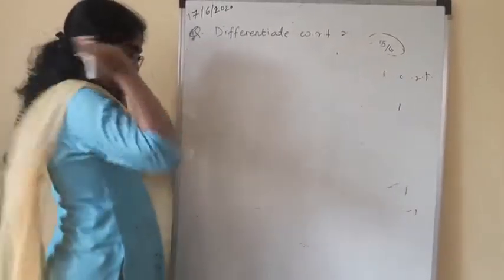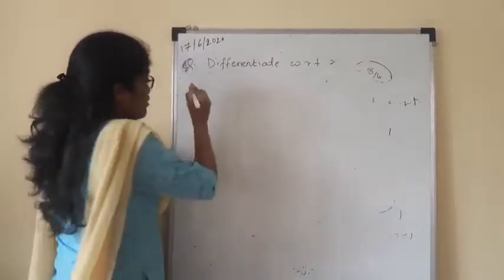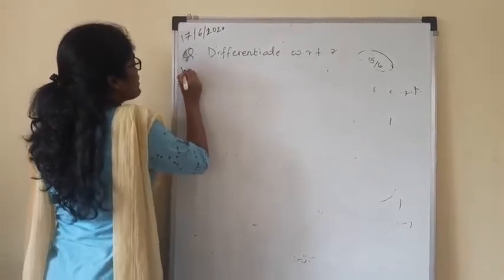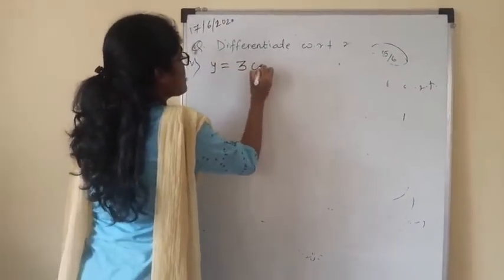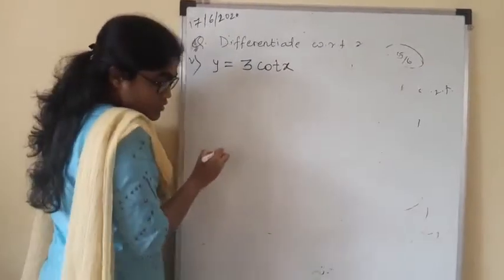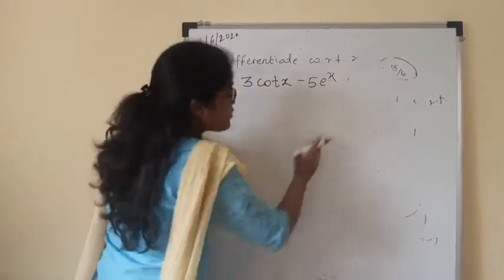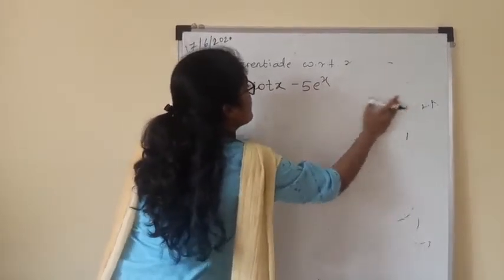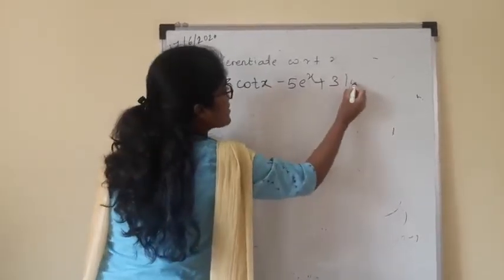Next problem is the fifth problem: y is equal to 3 cot x minus 5 e raised to x plus 3 log x.